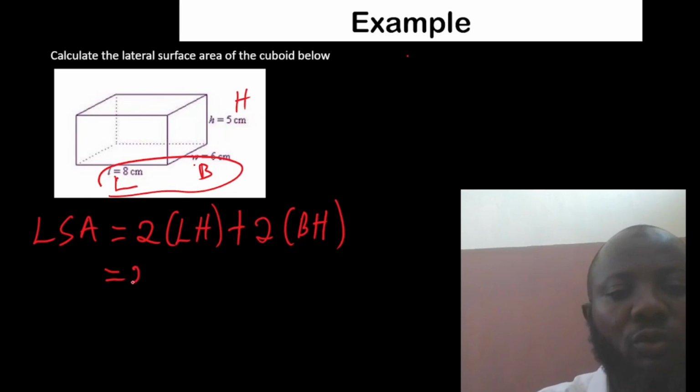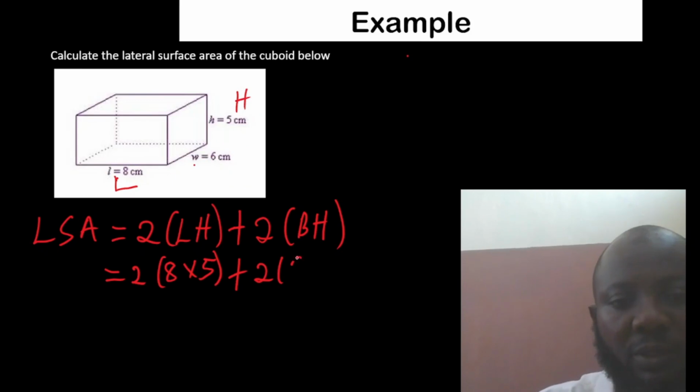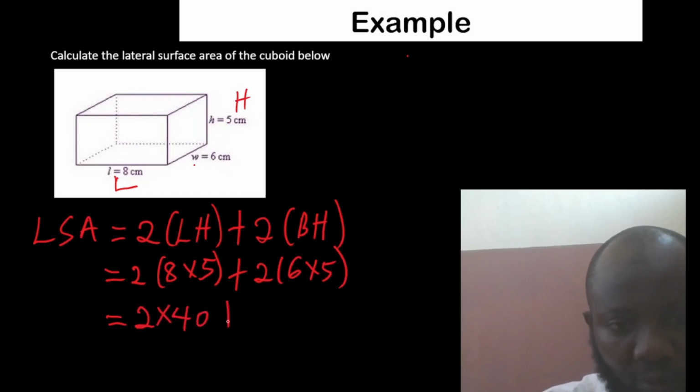So that's going to be 2 into length, which is 8, times 5 the height, plus 2 into B, which is 6, times 5. So this is going to give us 2 times 40 plus 2 times 30.